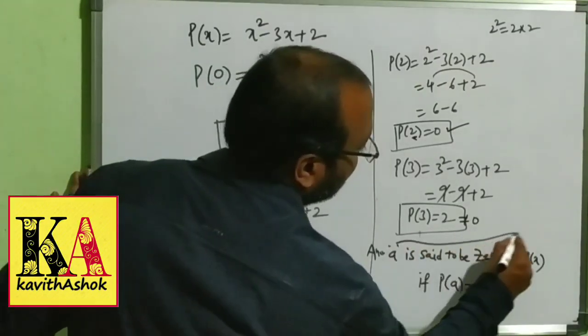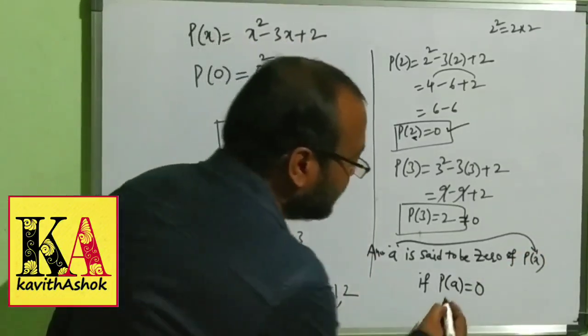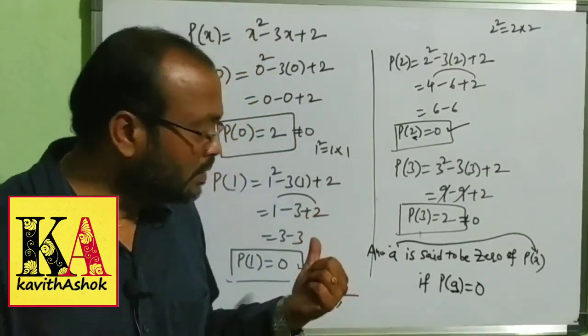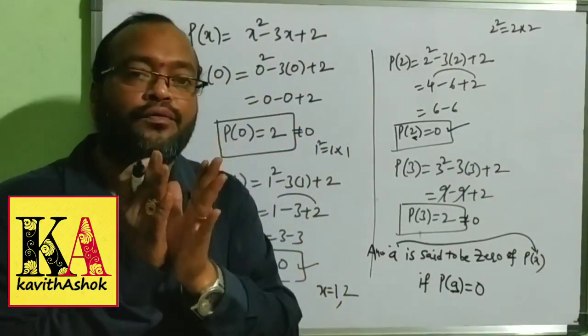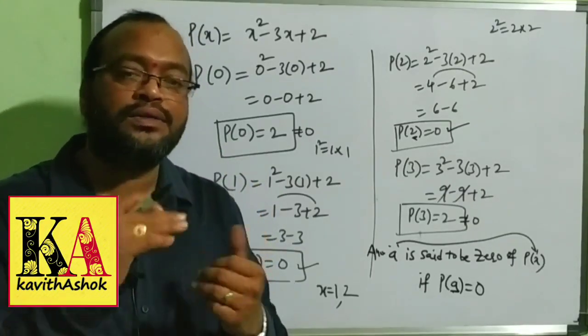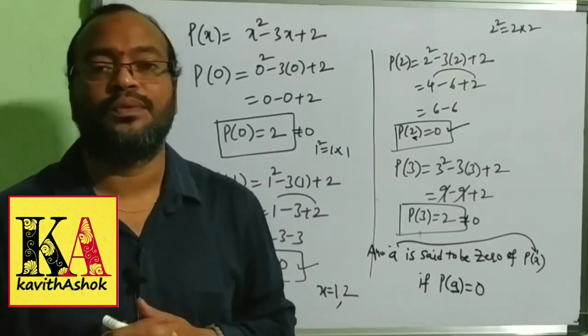If you substitute a in this place and we get the value as 0, we can say that a is a zero of the polynomial. So now our aim is, when some values are given, we can find whether those values are zeros of the polynomial. If nothing is given, how can you find out the zeros of the polynomial?